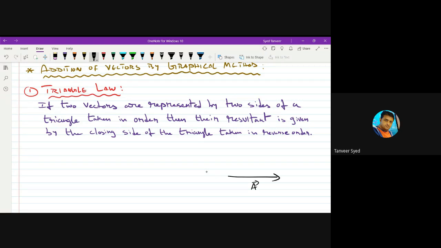Try to understand conceptually how we are adding vectors by a triangle. Understand the method here. That's important. Vector A is one vector, and vector B is another vector, like this. It can be in any direction. I'm taking it like this.